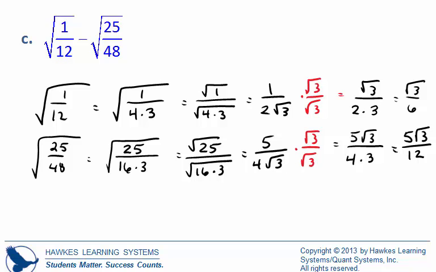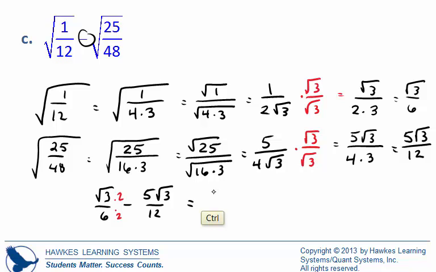And we want to subtract these two terms. So we have the square root of 3 over 6 minus 5 on the square root of 3 over 12. And we know that in order to subtract these fractions, we have to have like denominators. So we need both of the denominators to be at 12. So I am going to multiply these two terms by 2.